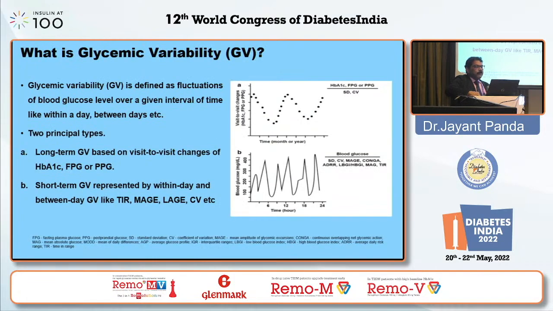We'll have a look at this, but before that, I'll touch upon glycemic variability and postprandial hyperglycemia, especially in the Indian setting. This day-to-day, hour-to-hour fluctuation has to be minimal, and we determine the time in range, the mean amplitude of glycemic excursion, and the coefficient of variation to detect that.